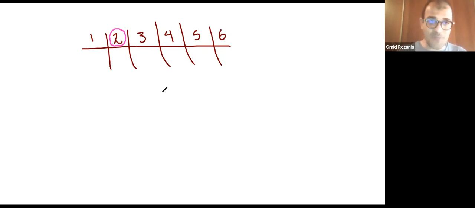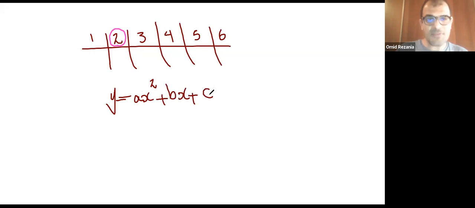polynomial to represent this function. Then as a result, you come here and say that, okay, the American women's height is represented by this equation, y equals ax squared plus bx plus c, which we know a, b, and c are going to be real numbers.